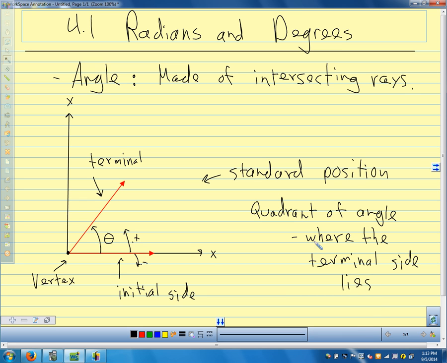And remember, our quadrants go counterclockwise also, so this would be quadrant 1, quadrant 2, quadrant 3, and quadrant 4. And then later on, we'll talk about three-dimensional coordinate systems, and we'll have octants. We have 8 octants instead of 4 quadrants. It's kind of fun when we get that. All right, we good with this terminology so far?